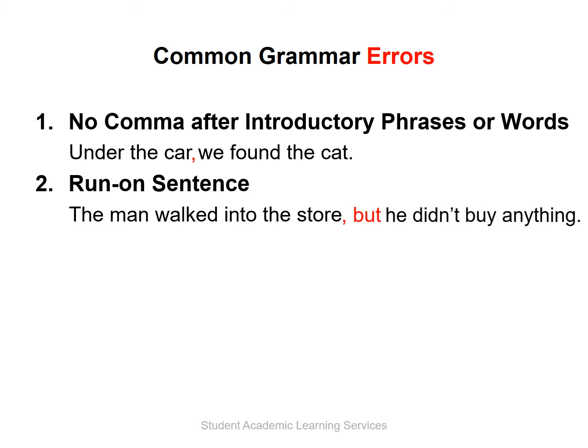One way to fix it is to add a comma, but if you add a comma, we also have to add what are called fanboys. Fanboys is a mnemonic device to remember the coordinating conjunctions that we use between two sentences with a comma. So for, and, nor, but, or, yet, so. These are the fanboys.